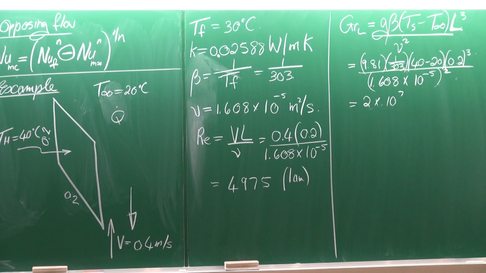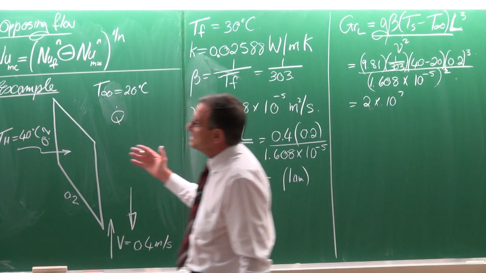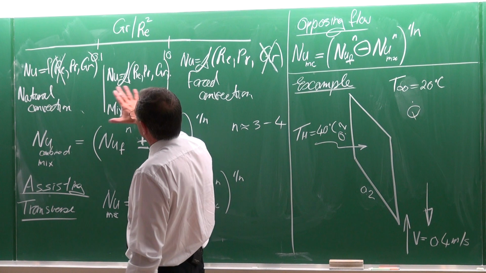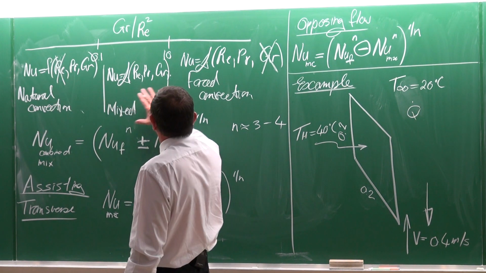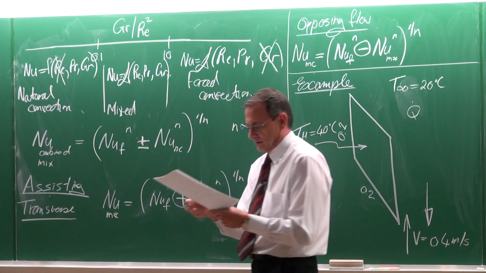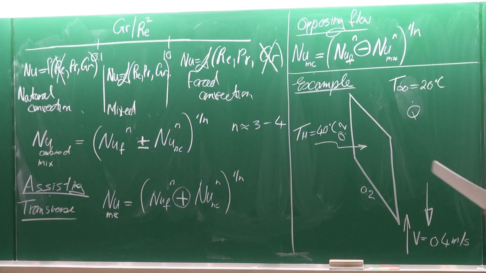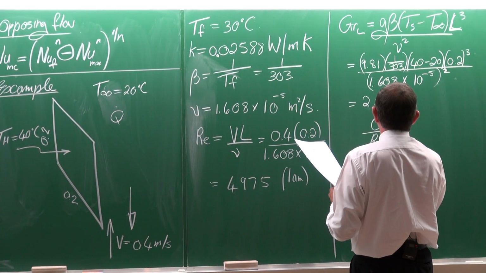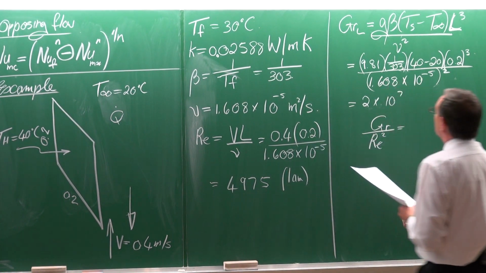So let's look at these definitions of when the flow is natural convection, mixed convection, or forced convection. Let's look at Grashof divided by Reynolds squared.